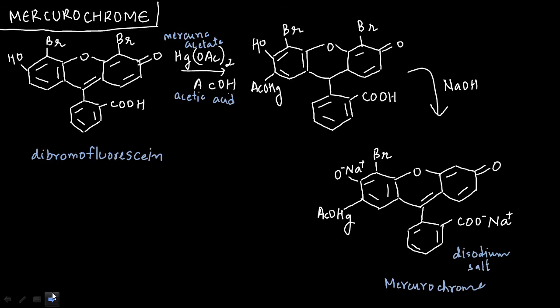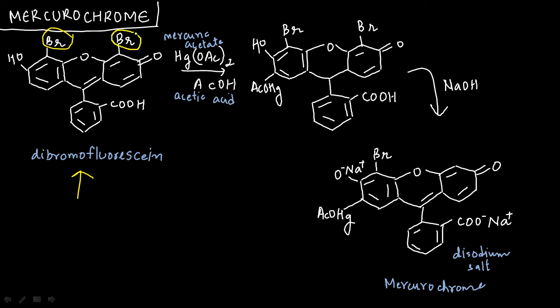So the last dye that we have in xanthene dyes is Mercurochrome. What we have here is dibromofluorescein. This is controlled bromination. In the previous slide we had tetrabromofluorescein, here we have dibromofluorescein.